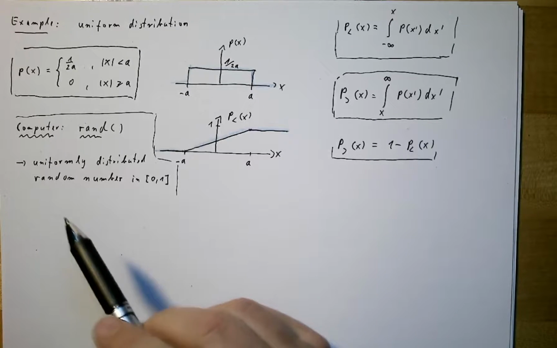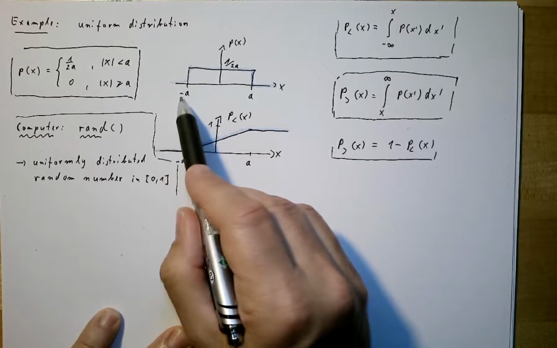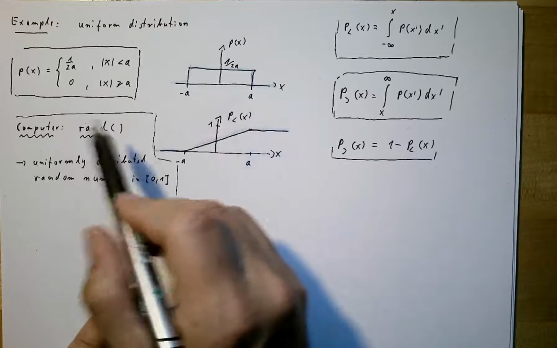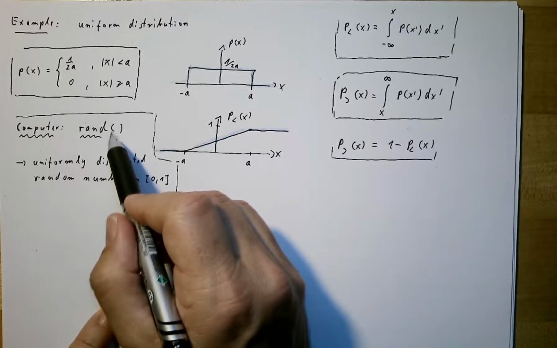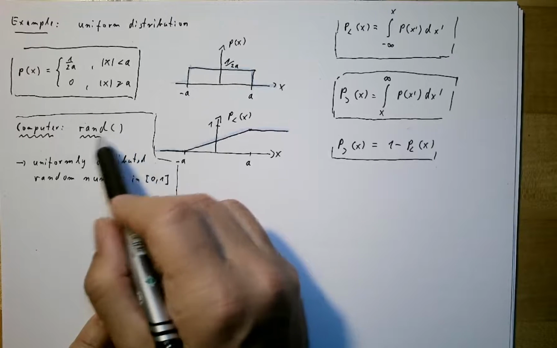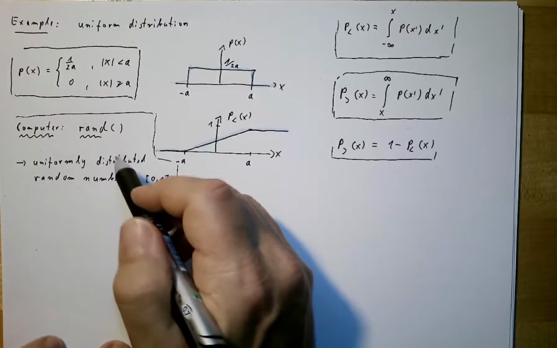But now what do you do if you need a random number which is, for example, in a different interval, for example from -a to a? Then either in your library you have some options to the function, when you call the function rand, to give you the interval, or you make a simple variable transform.